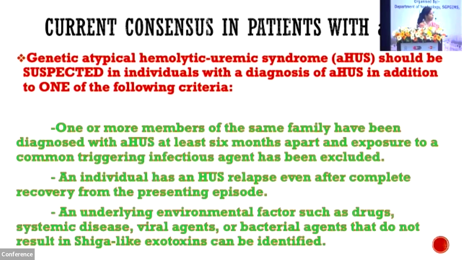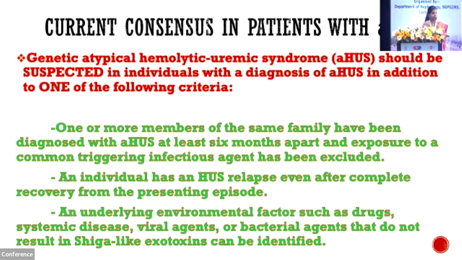Now, when do we consider genetic analysis in a case of atypical HUS? This is the criteria that's generally recommended, especially when you have more than one family member who has a diagnosis of HUS.